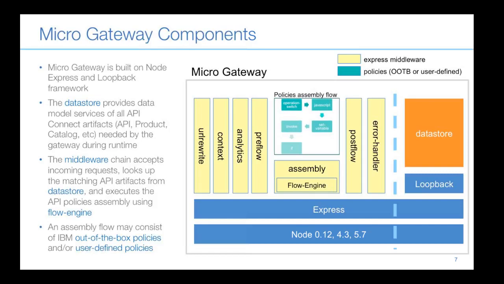Or is it intended to be inside the private network? It's actually a part of the micro gateway. So the transaction is between the micro gateway and the API manager platform or server, if you will. So wherever the micro gateway resides is where your data store is going to reside.